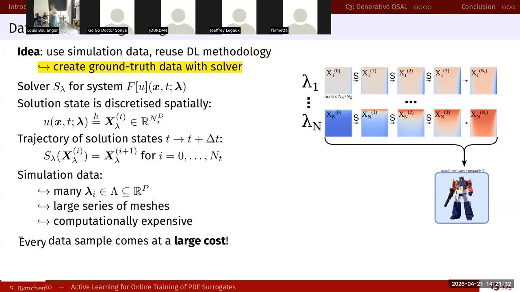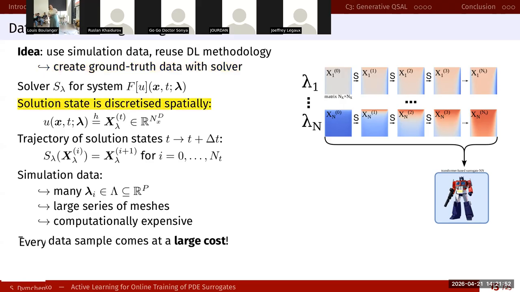And here we will also have our data. Say we have a solver S for our system F with some parameters lambda, which control the behavior of the system. It can also control the initial state of the solution.